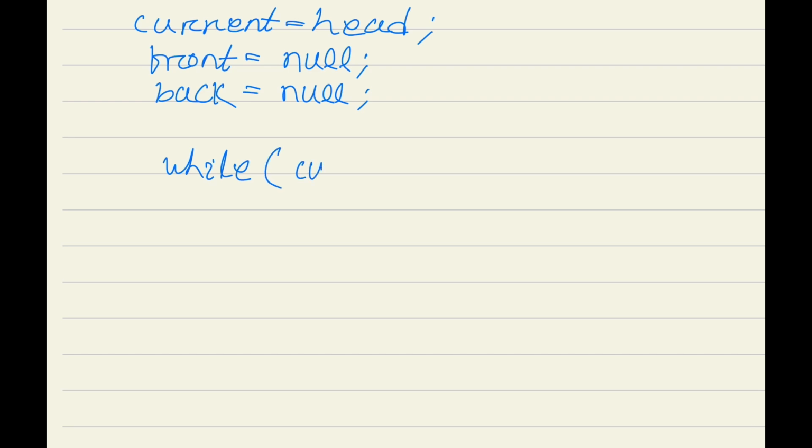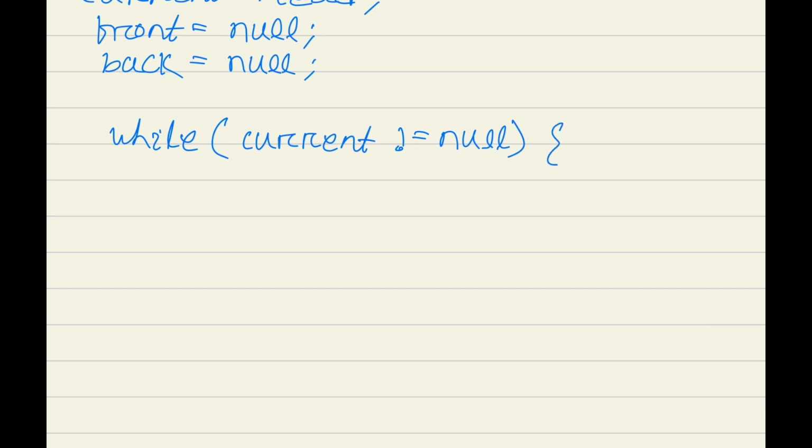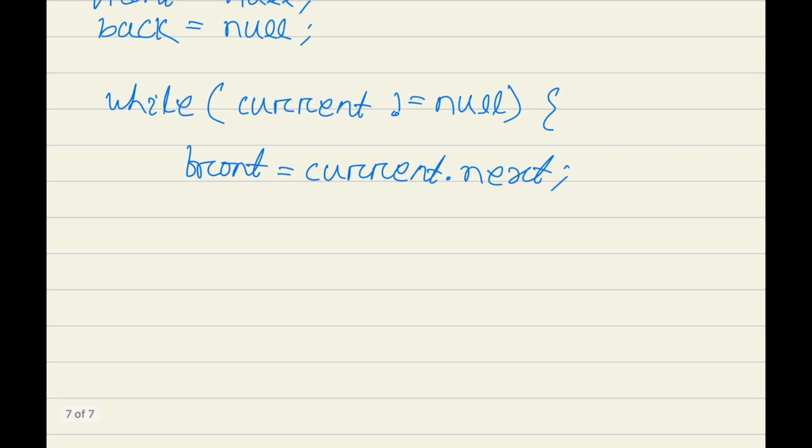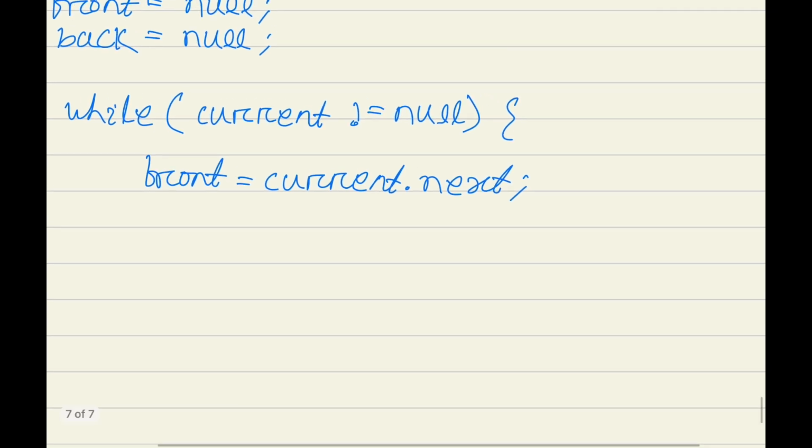While the value of current is not equal to null, we are going to update the next of current. So we can write front = current.next.